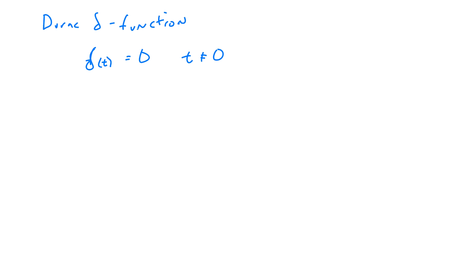Because this thing only has a value at t equals 0, what happens is that if you integrate from minus infinity to infinity of this delta function by itself, you get 1.